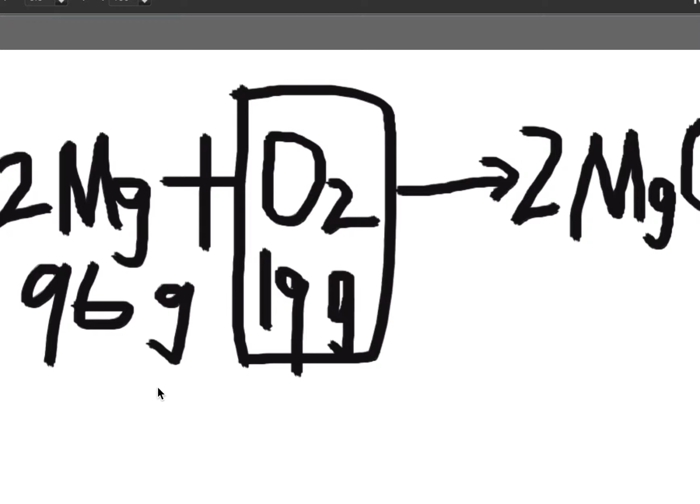You figure out how many moles of oxygen you have, which is 19 divided by 32, and you need to times it by 2 because the mole ratio of oxygen versus magnesium oxide is 1 versus 2. So you times it by 2, 19 divided by 32 times 2. Then you times it by the molar mass of magnesium oxide, which is 24 plus 16, which gives you 47.5. That's how many grams of magnesium oxide you have produced in this reaction.